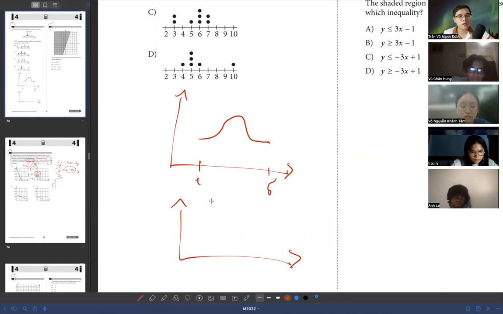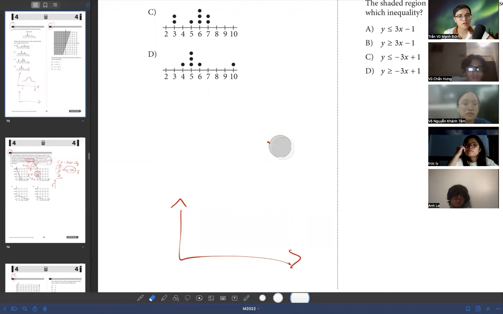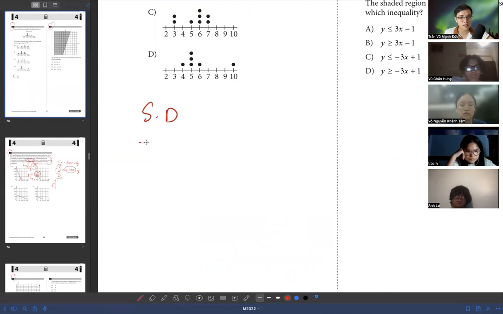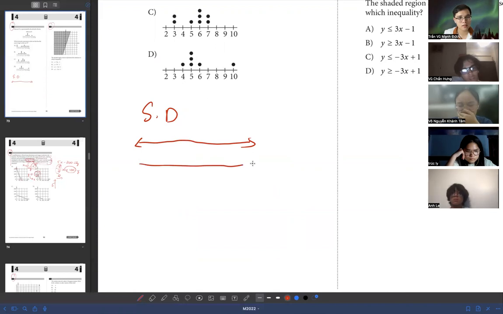I don't think it's possible because standard deviation is the measurement of how spread out a graph is. And the more it spreads out, the more the range gets, right? This is a bigger standard deviation, so as the range.